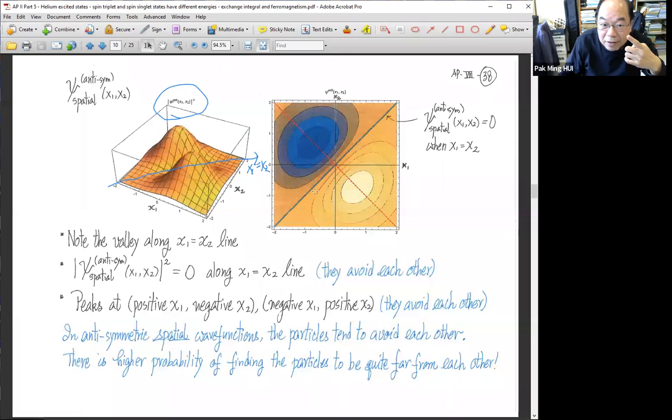That is to say, there is 0 probability of finding the two particles at the same place when the spatial part of the wave function is antisymmetric. That is to say, when the spatial part is antisymmetric, the two particles tend to avoid each other.